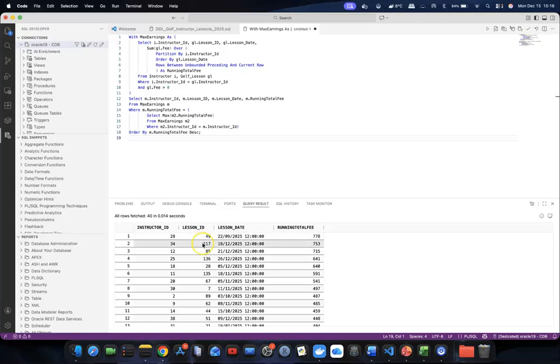These are the lesson IDs where they hit the peak, and how their cumulative earnings trend looks over time. So based on the time, we see how much they earned based on the lessons for each instructor ID. With the use of analytical functions, we were able to achieve this output with 40 rows, one for each instructor. That's why it's 40 rows.